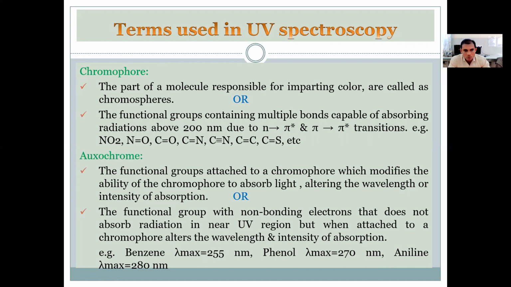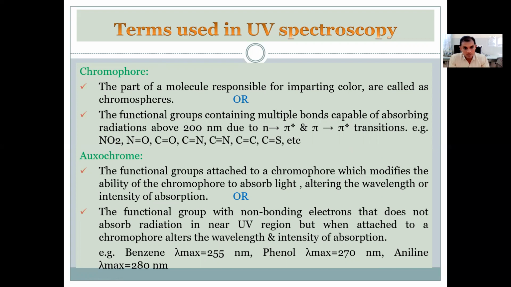For example, nitro groups, NO2, N double bond O groups, carbonyl groups, cyanides, isocyanides, alkenes and thiol groups. Oxochromes: the functional group attached to a chromophore which modifies the ability of the chromophore to absorb light, altering the wavelength and or intensity of absorption.